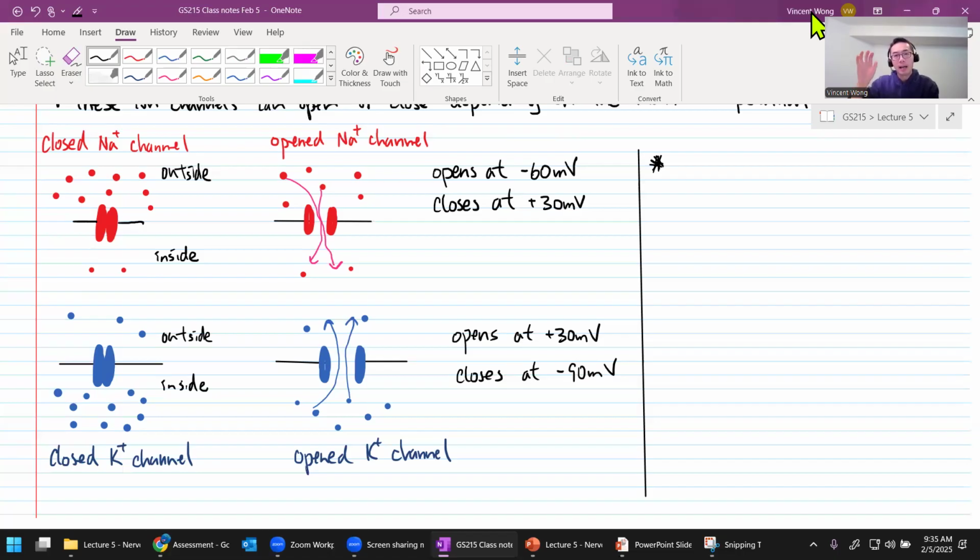During that refractory period, the gates are resetting themselves and they become non-responsive. So if you open it at minus 60 and then it reaches positive 30 and you close it, it's reconfiguring itself during this time. Even if you reach minus 60 again, it will not respond. As it's resetting itself, even if you reach the triggering voltage, it doesn't matter. It's not going to respond. You're going to give it some time to reset itself. Does that make sense?